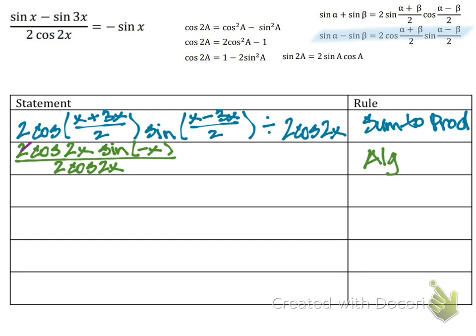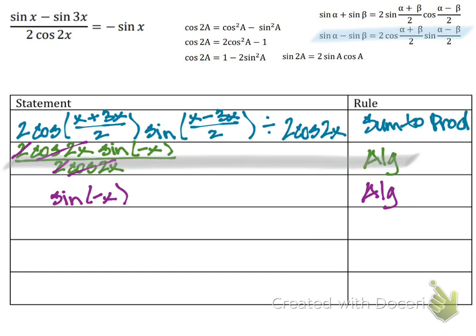So the 2's are going to go, the cosine 2x is going to go, and we're left with the sine of negative x by algebra. So again, that green step, we needed it, but we don't have to put it in Alex. That would be nice, right? To be able to go directly down. And then last, we are going to have negative sine x by even odd.